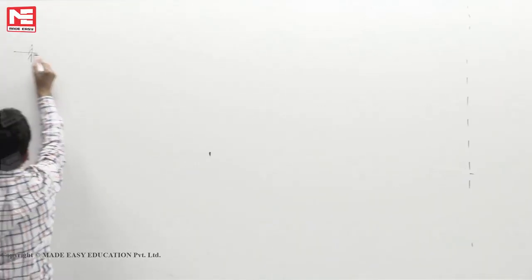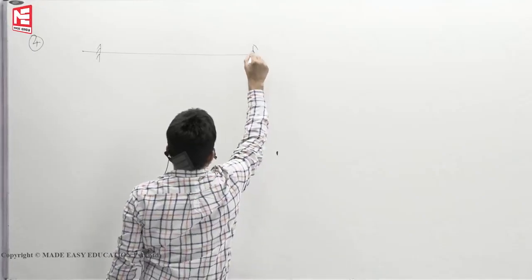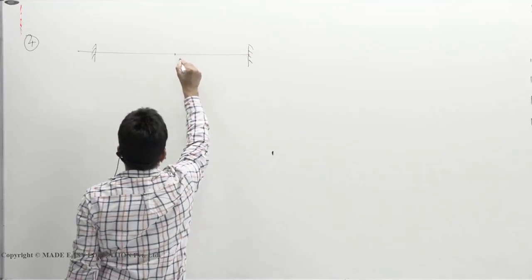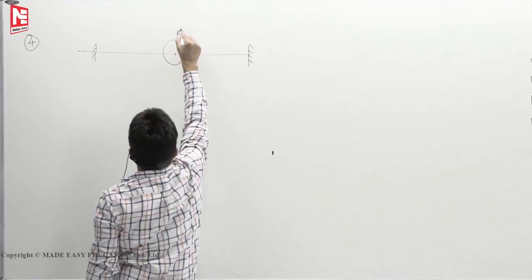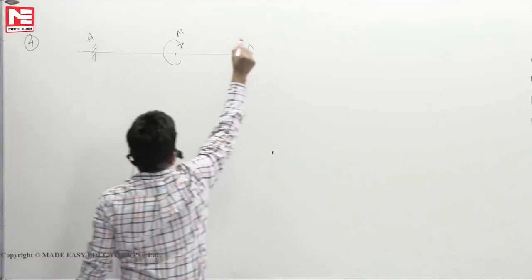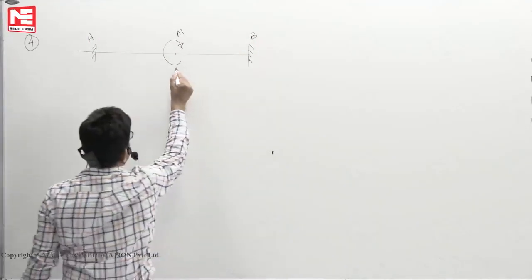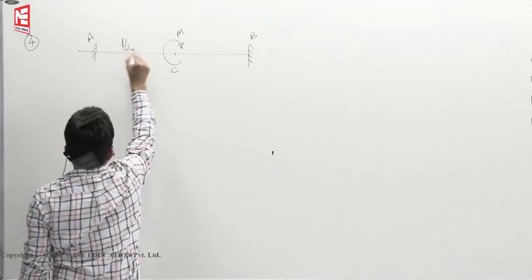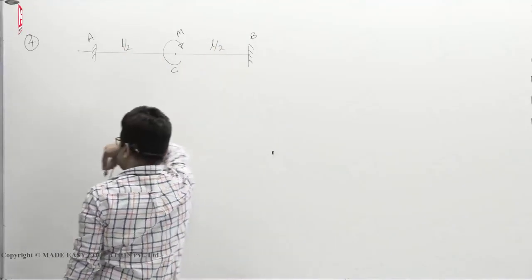Fourth one, let us see a fixed beam subjected to a central moment M. This is a most standard case. Here also, A, B, C. This distance L by 2, L by 2.